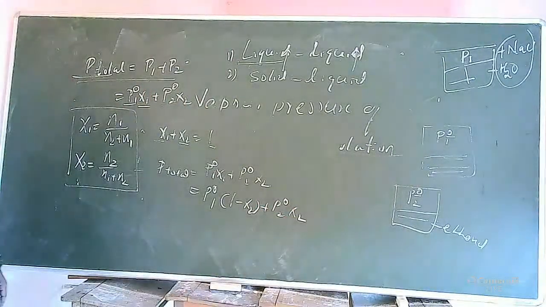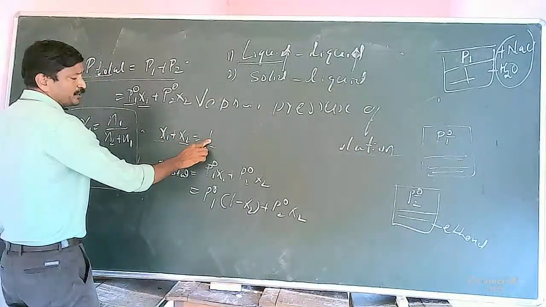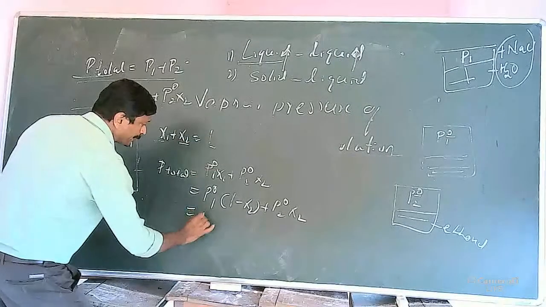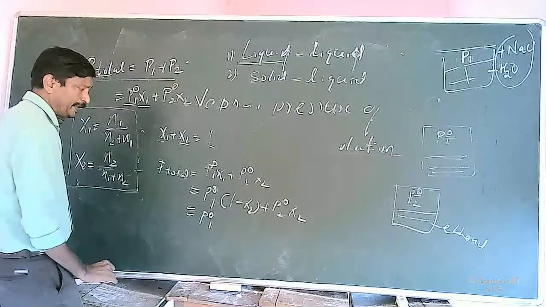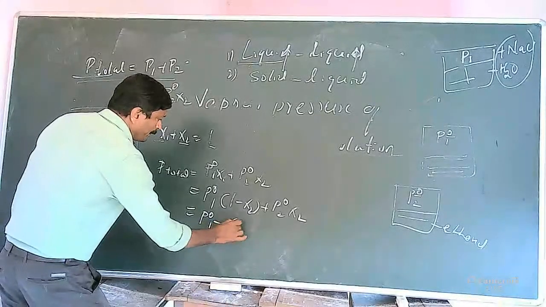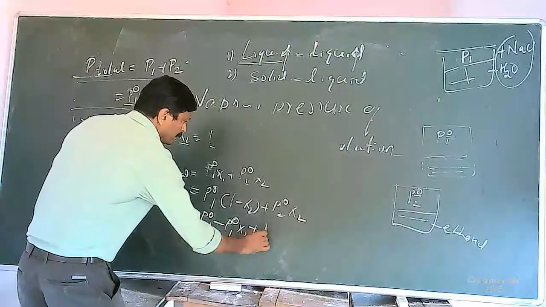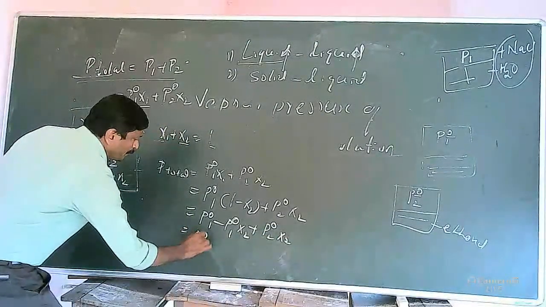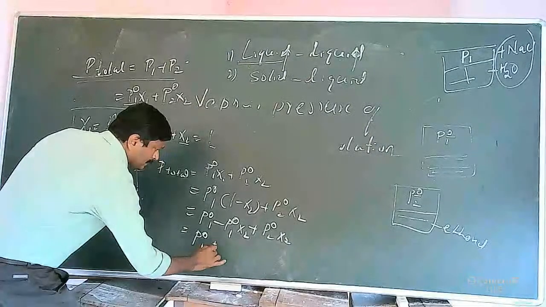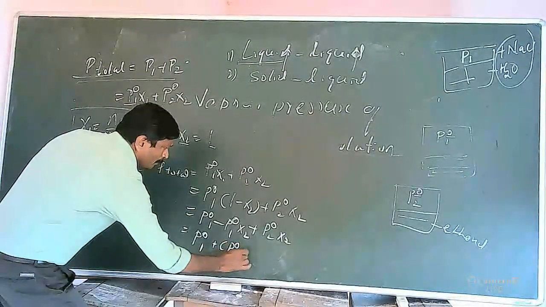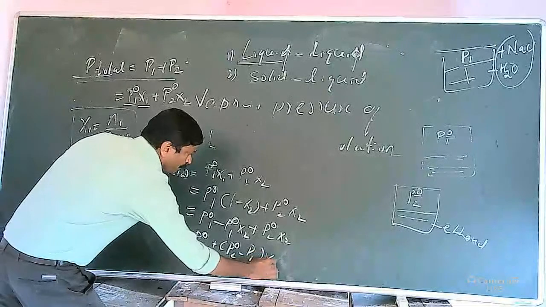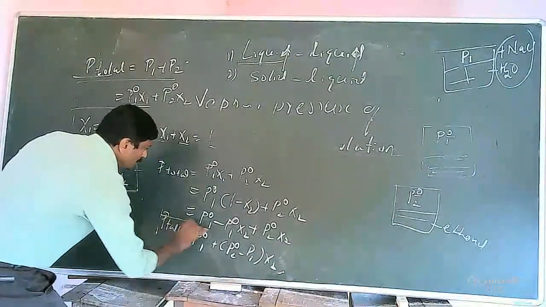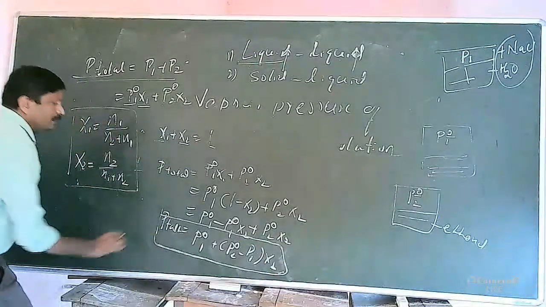Therefore, this becomes P01 minus P01 x2 plus P02 x2. It becomes P01 plus P02 minus P01 into x2. See, this is the equation.